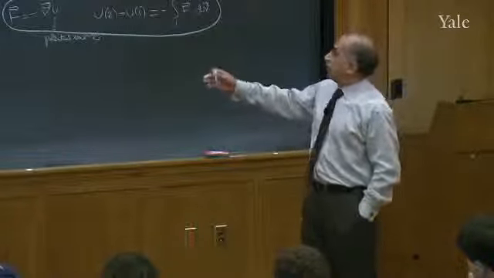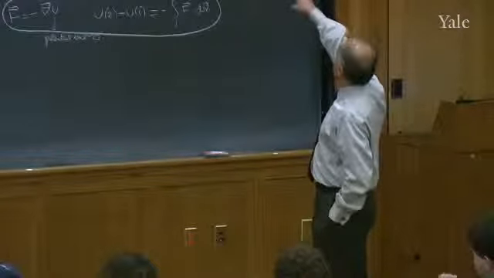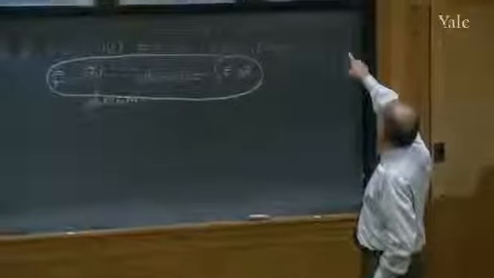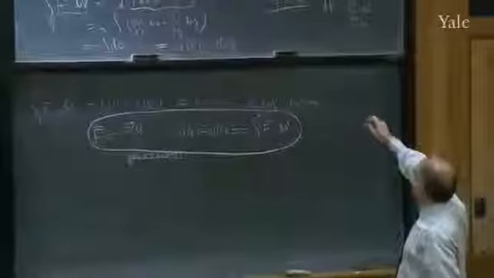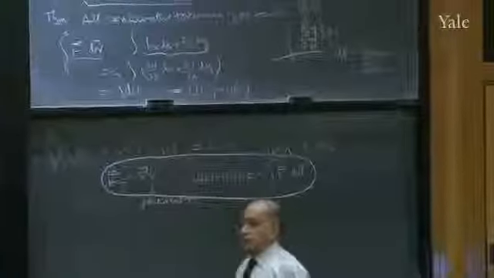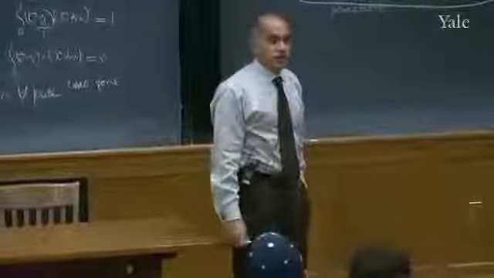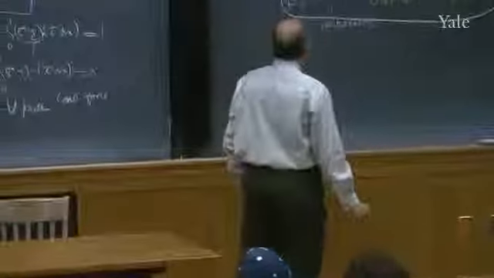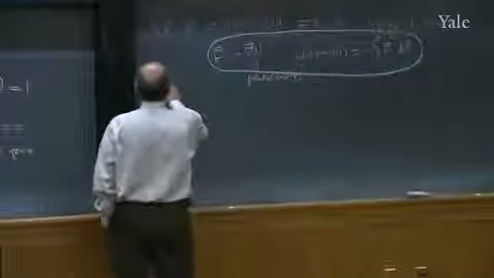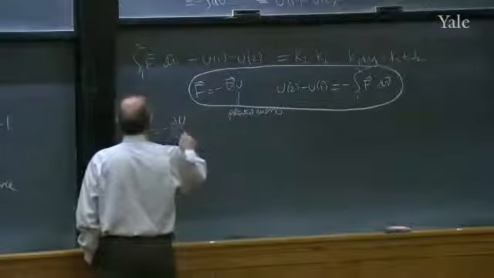For simple polynomials, you can easily guess. Like the example I gave you, if fx is minus 3x squared y squared, fy is minus 2x cubed y, maybe you can guess that u is x cubed y squared. But for more complicated functions, you won't be able to do it. So there's a process for testing any force to see if it's conservative. And the process is the following. It argues as follows. Fx is minus du dx.